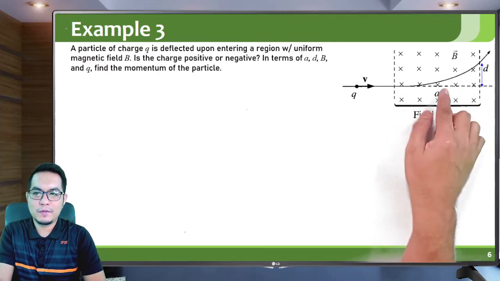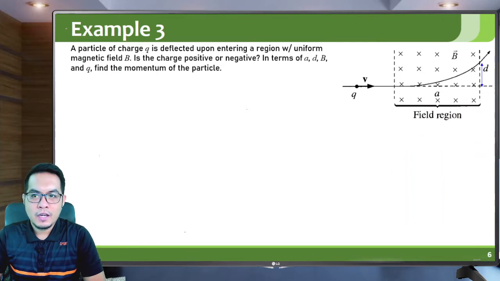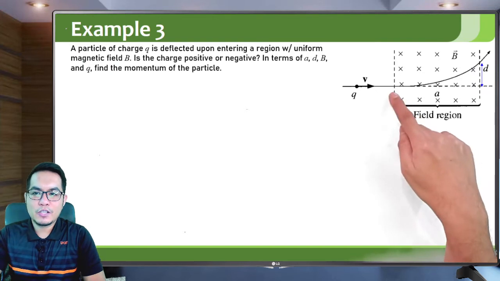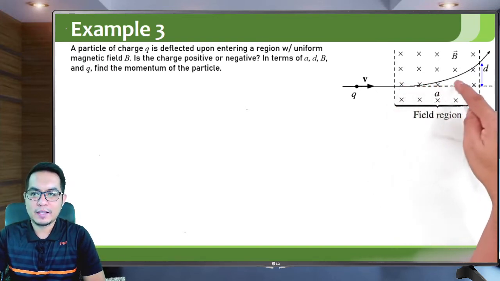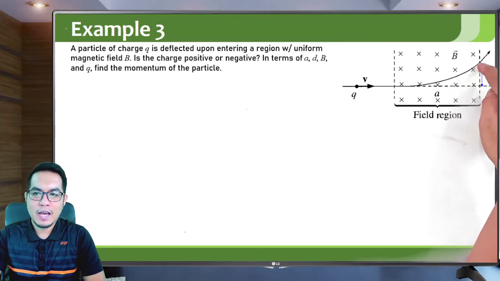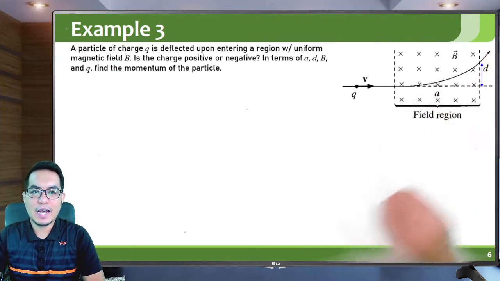The width of the field region is A. And when the charge enters the field region, it becomes deflected. And actually, after it exits the field region, it's now a distance d above its original axis.